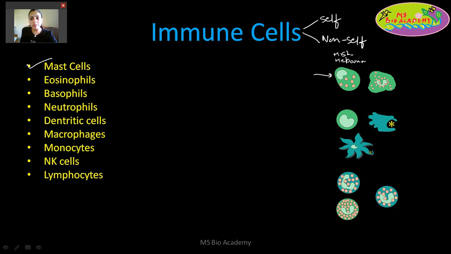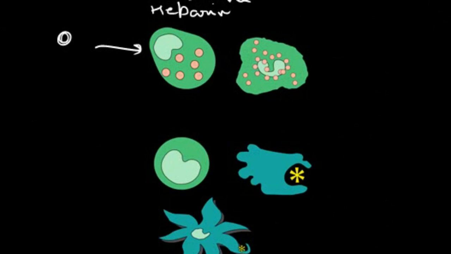Whenever certain antigens are present, mast cells carry receptors for the IgE antibody.